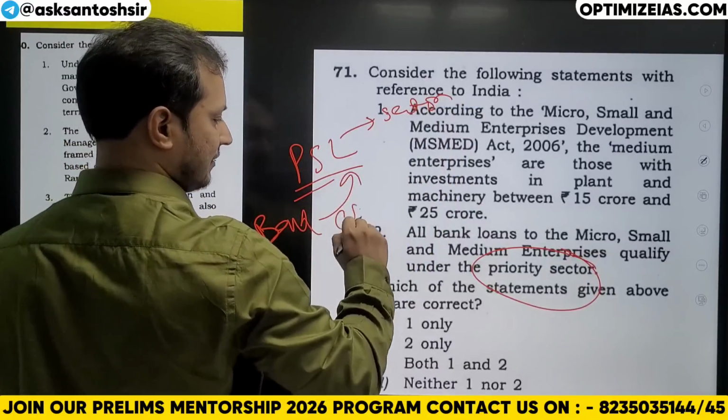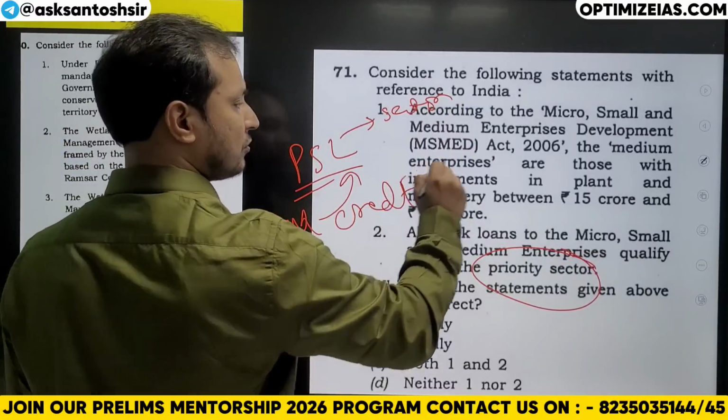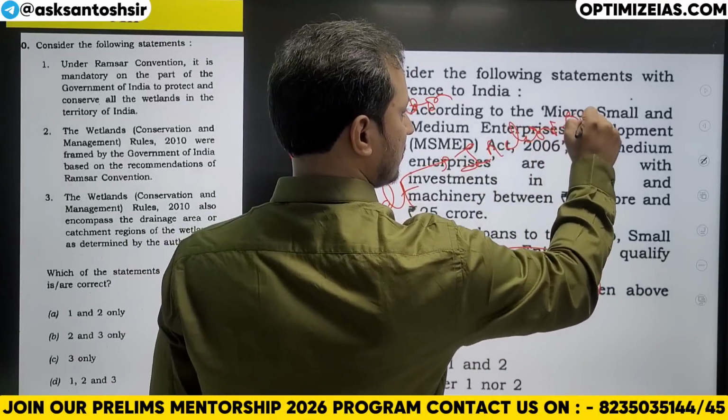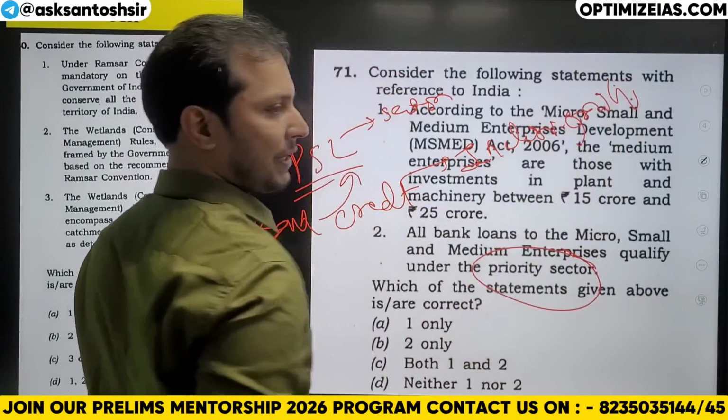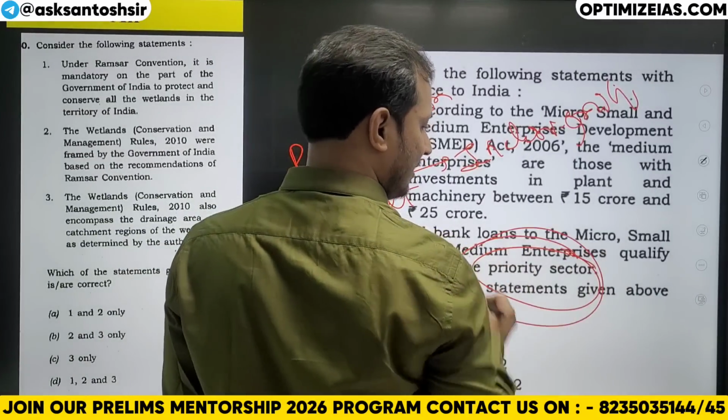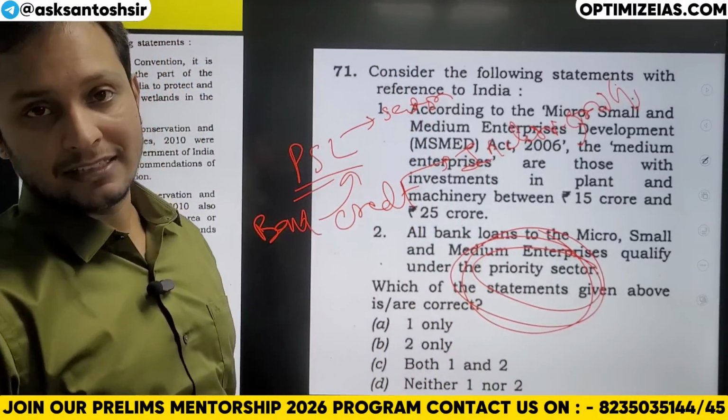have to provide credit. Why? Because to achieve inclusive growth. Agriculture is one of the priority sectors, and MSME is also a priority sector.